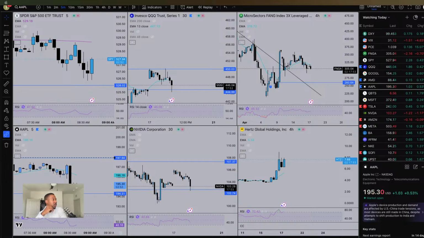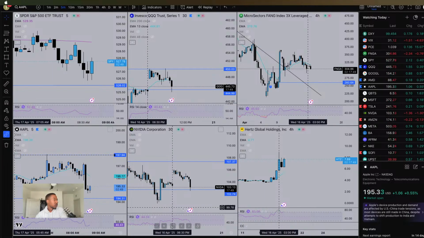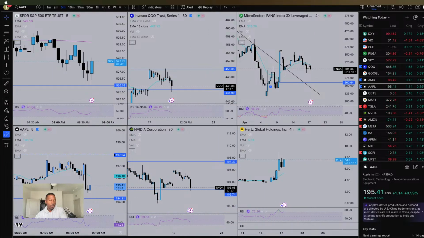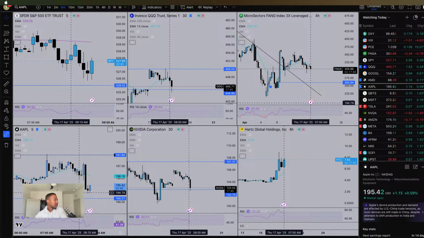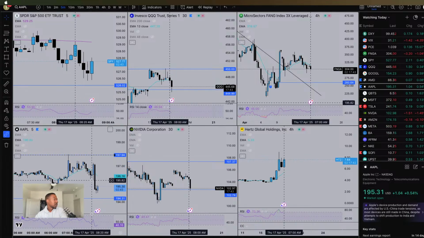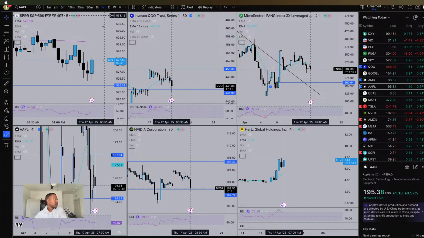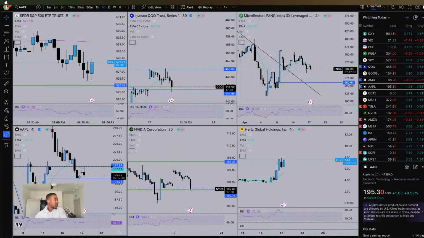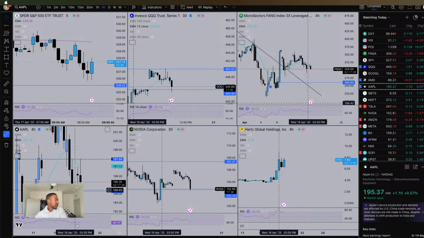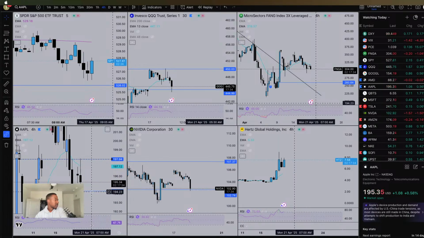Trying to see if we can catch Nvidia when it hits support. Maybe I do it wrong on Apple. Where's your support on Apple? So I had it kind of here. Let's go back up to a 4 hour real quick. So it came into it, filled the gap, but I had support kind of right here at about 194.36.